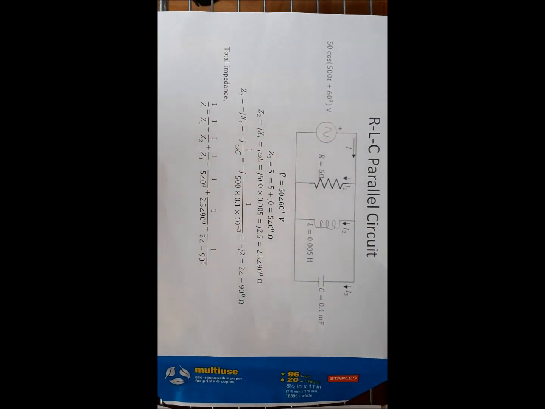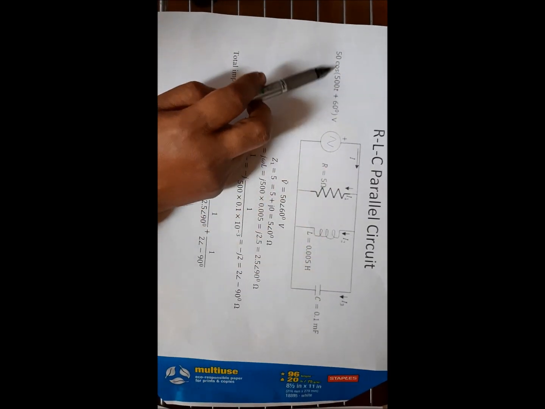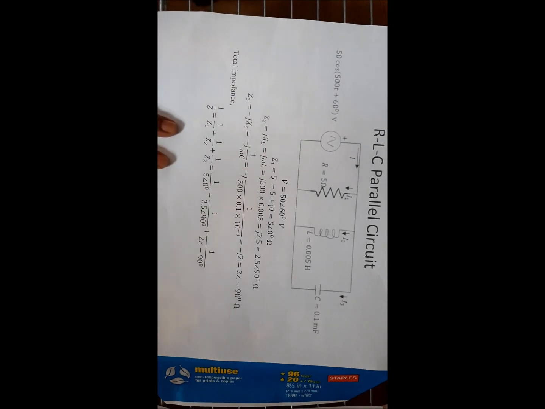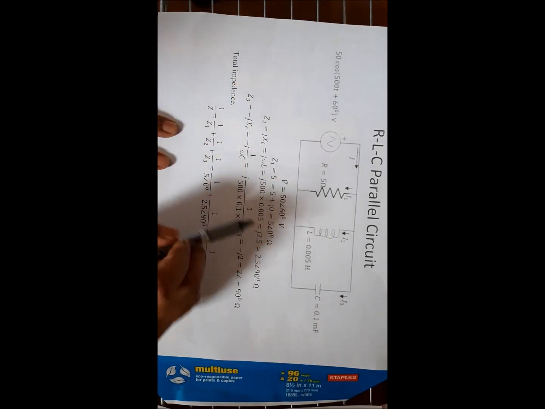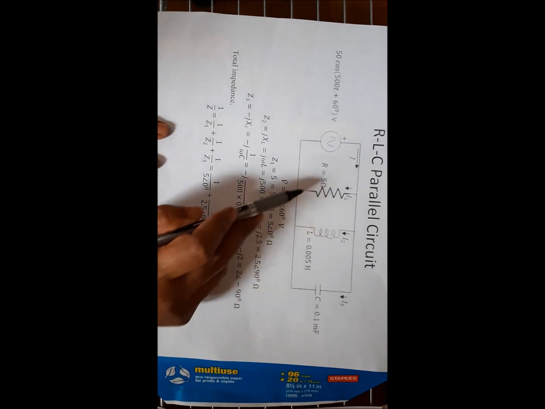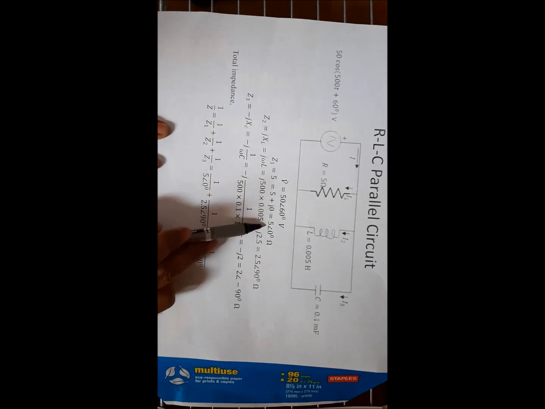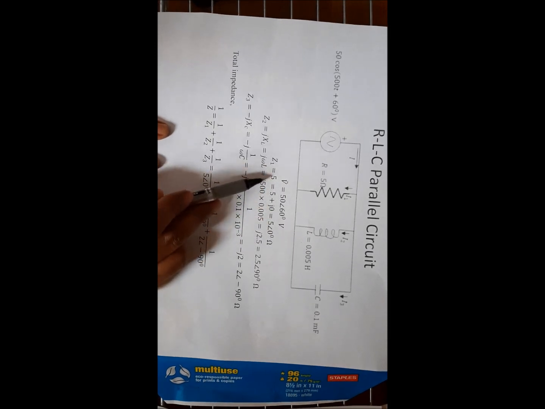Now consider an RLC parallel circuit. So in this parallel circuit we are given R equal to this, L equal to this, C equal to this, and this is the voltage excitation. So now I convert this voltage to the frequency domain. This will be 50 angle 60 degrees, and this will be 5 J0, or simply 5.